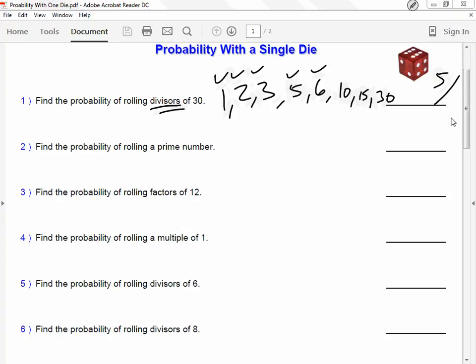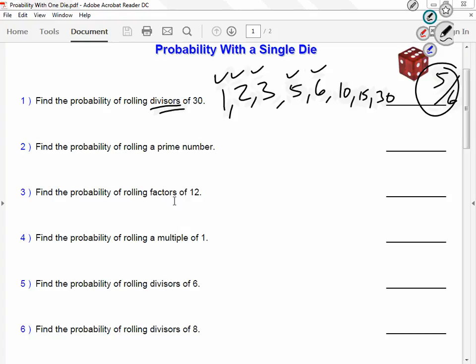At the bottom is, how many numbers are there total in one die? 6. So 5 out of 6. Remember, in a probability, the top number is how many possible from the list. The bottom number is how many total in the die. So this one is 5 out of 6.